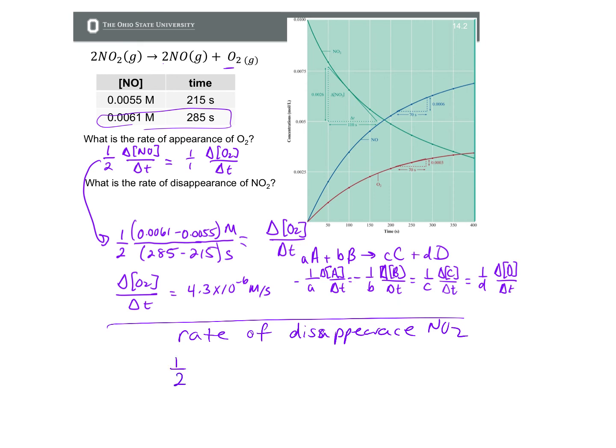Now we have 1 over 2, 1/2 the change in concentration of NO2 over change in time. And there's a minus sign in front of that because it's a reactant. Equals 1 over 2 times the change in concentration of NO over change in time.